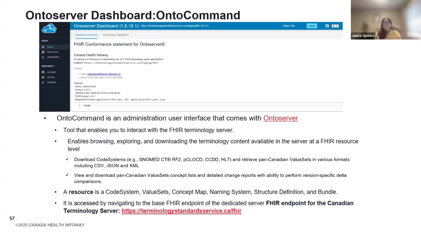So we've rolled out capabilities that not only allow you to browse content or to get content programmatically through APIs, but you also have those features that you might have been used to on the gateway, such as browsing content, downloading contents, and comparing contents through Delta files. These downloads would be available in multiple formats that are user-friendly. Next slide, please, Anil.